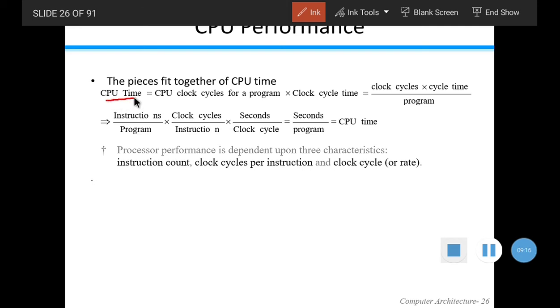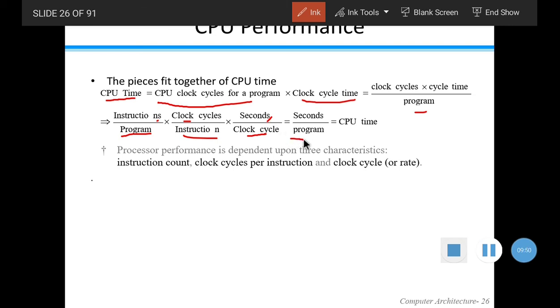Finally, CPU time is CPU clock cycles for a program times clock cycle time, that is, clock cycles times cycle time divided by program. Program consists of instructions. Instruction is measured in terms of clock cycles, how many clock cycles it takes, and clock cycle is measured in seconds, how many seconds a clock cycle will take.